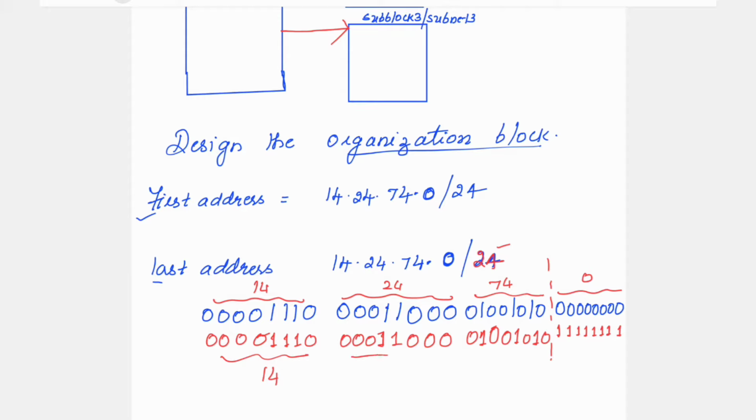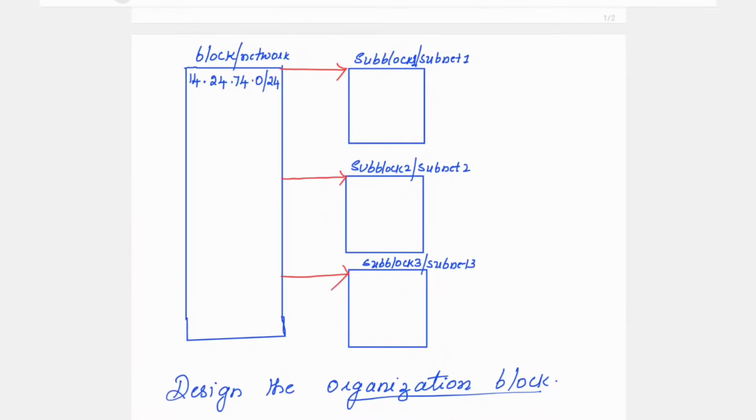This is 14, this is 24, this is 74, and this is 255. So now you got the last address: 14.24.74.255/24.